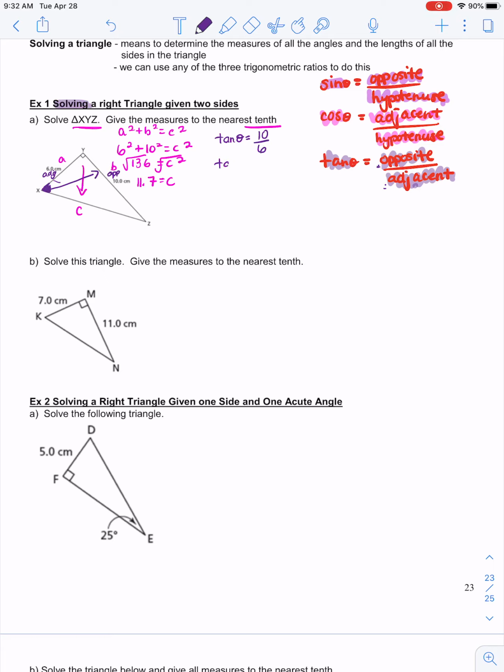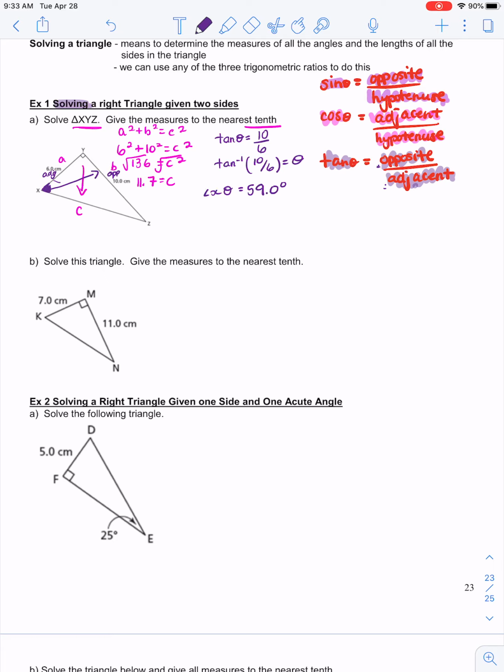Remember, in our calculators, we need to use the inverse, so that means it's second tan. Second tan, 10 divided by 6, gives me 59.0 degrees. I have it as angle theta, but that is also angle X.